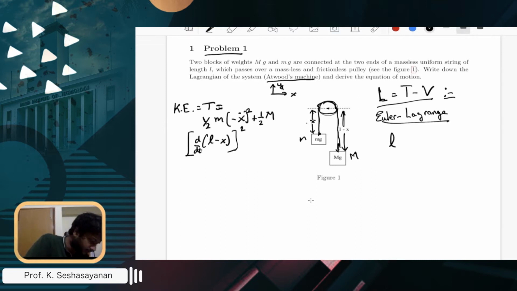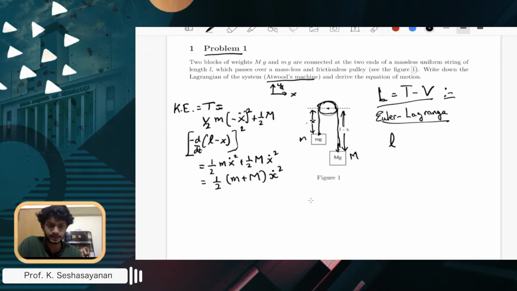It's again a minus sign because it's along the negative y direction. So this is half m x dot square plus half capital M x dot square. Since L is constant in time, this is nothing but half times small m plus capital M times x dot square. So this is the kinetic energy of the system.